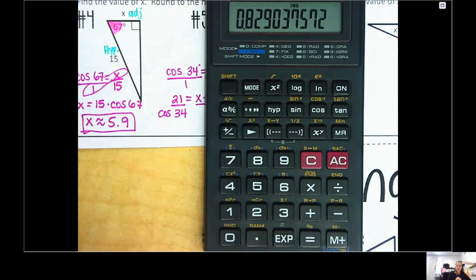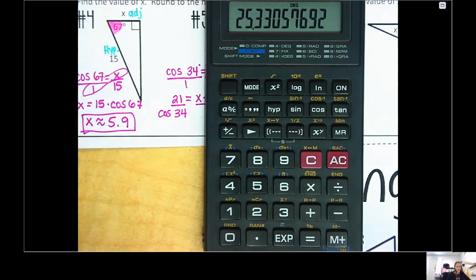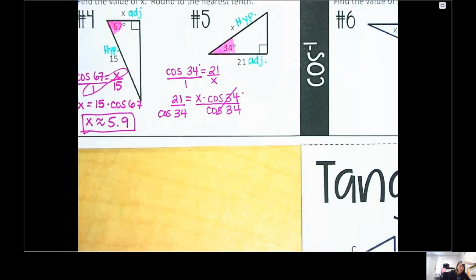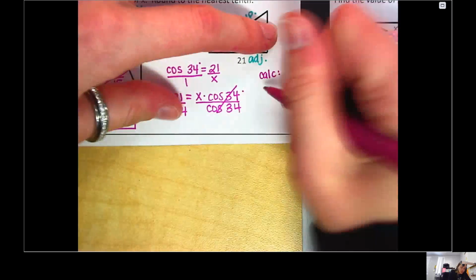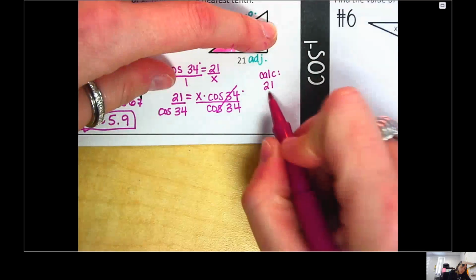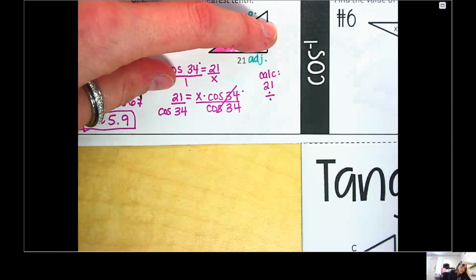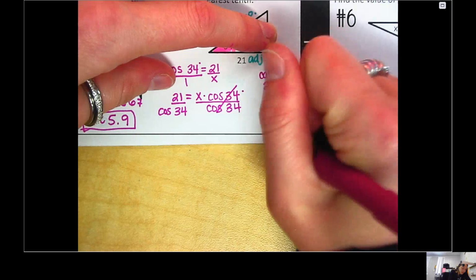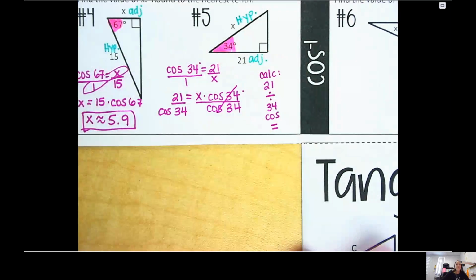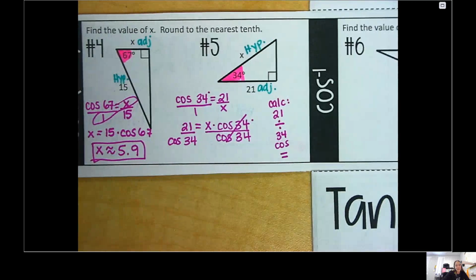That is not the actual division yet. Now you have to push the equal symbol, and that's your answer there. So on our calculators, we pushed 21, then divided by, then 34, then cosine, then equal. So you have to go in that order, otherwise it's not going to be right.